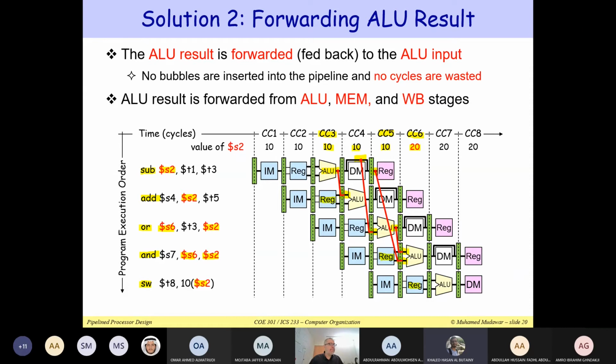Yes. The problem with this solution, I think, is it is specific to this situation. If we have other instructions that depend on each other, we might have a problem, right? Well, we are going to resolve all the problems, not only for this situation. In fact, it does not matter what ALU instruction you have or what registers are used.